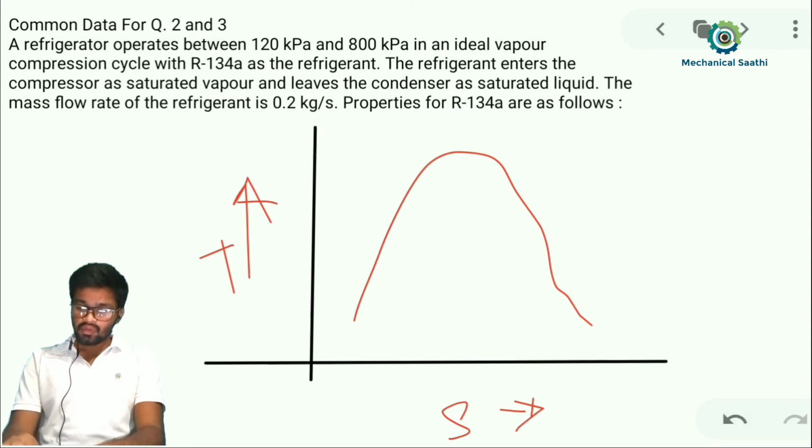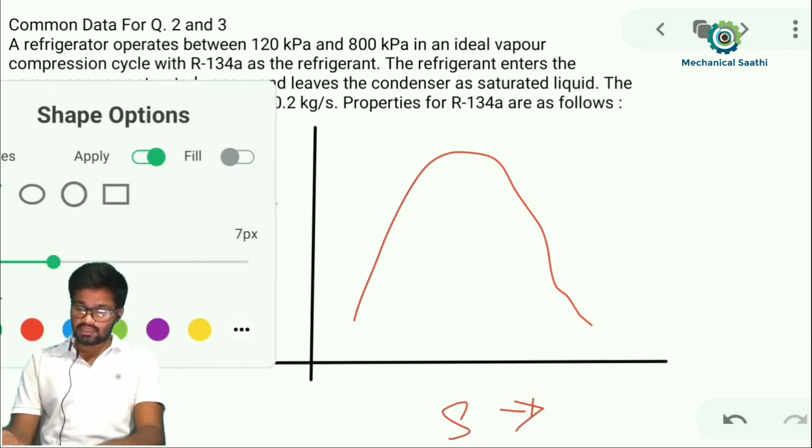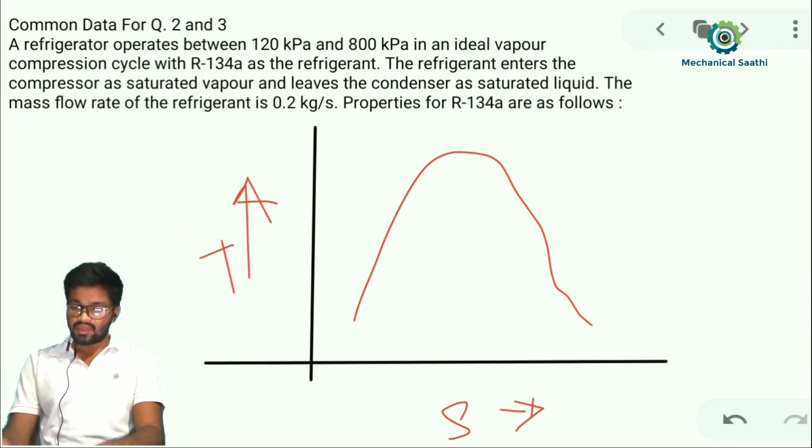It says the refrigerant enters the compressor as saturated vapor, so the compression process occurs from the saturated vapor region. For that we can draw a vertical line like this, which shows the compression line.